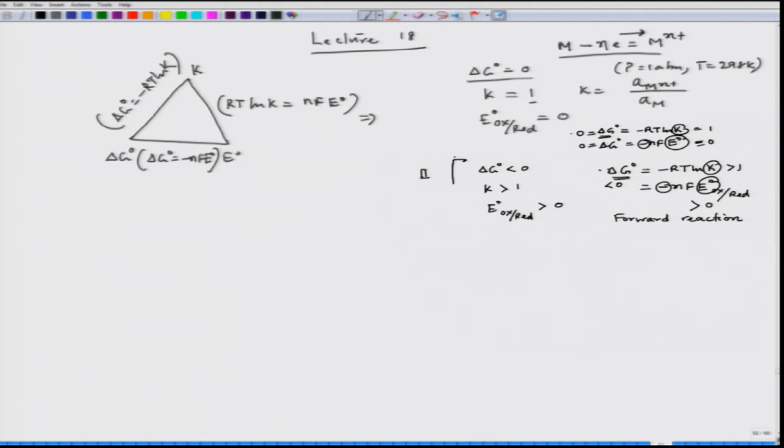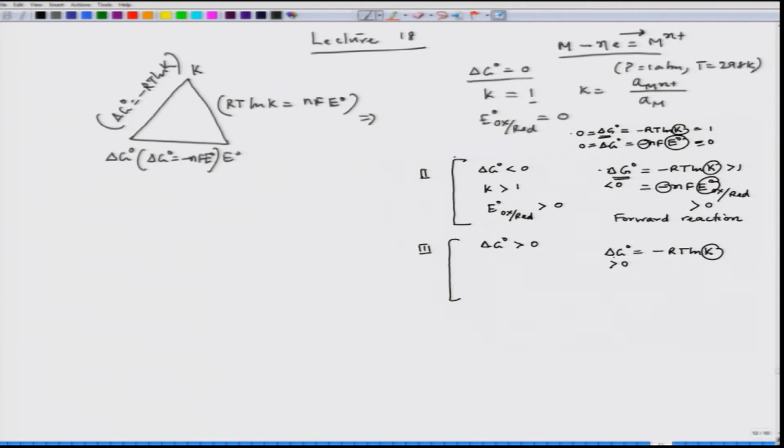So, this is case 2, and there could be a case 3 where delta G naught would be greater than 0. Now, if this is greater than 0, we know this general formula, minus RT ln K, where K is the equilibrium constant. Since this is greater than 0, K has to be less than 1.